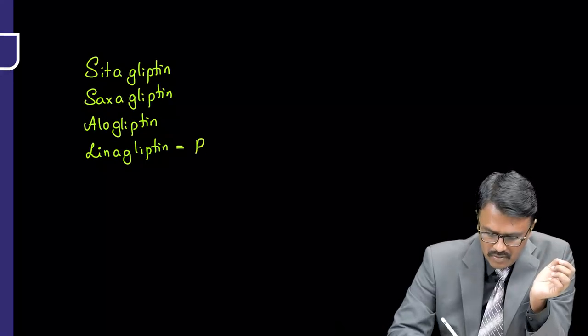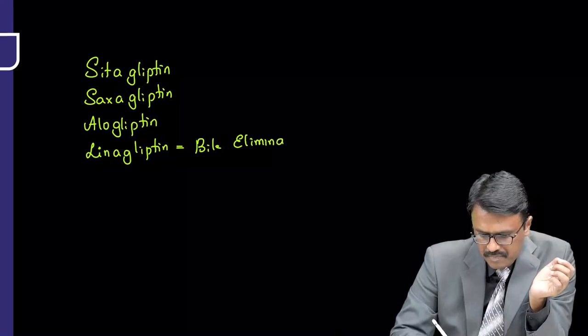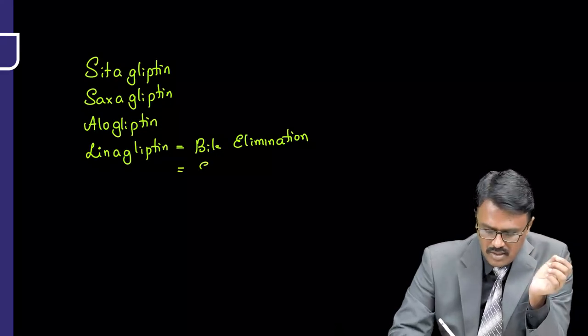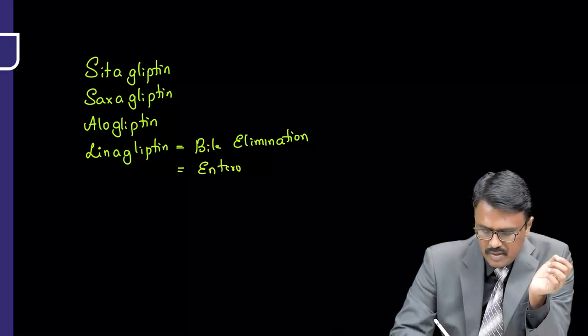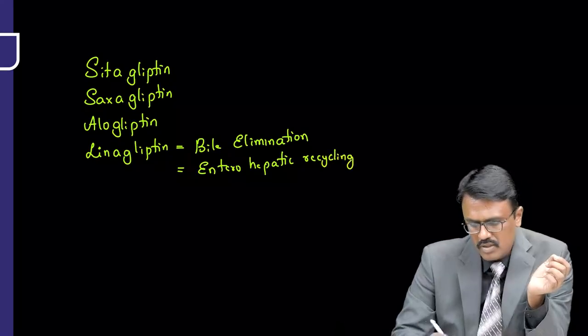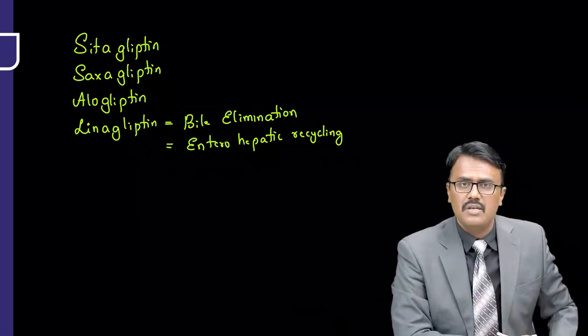Because linagliptin undergoes bile elimination. Another advantage is it undergoes enterohepatic recycling. So what is the advantage of this? Suppose a patient has renal failure, can we use this drug? Yes.